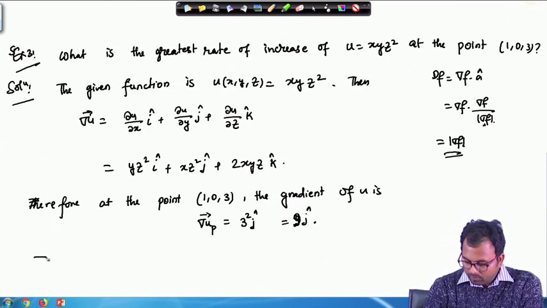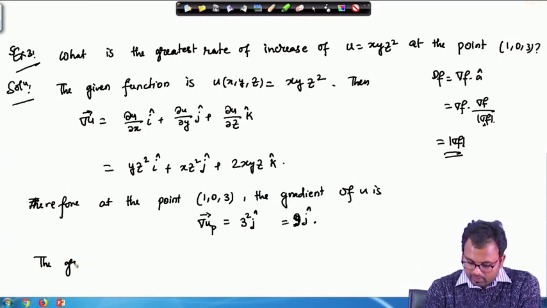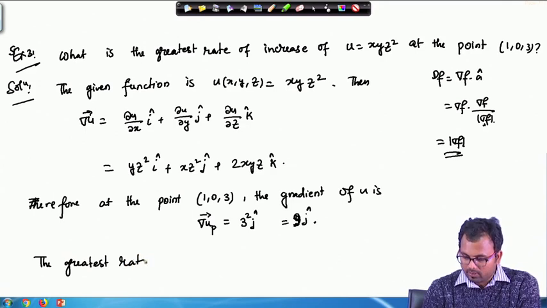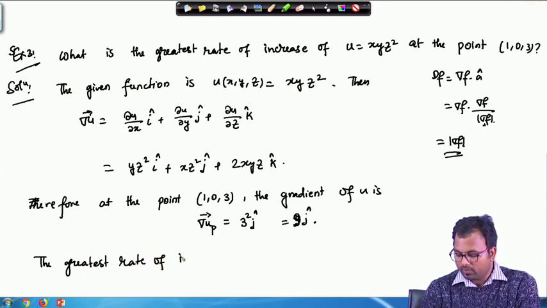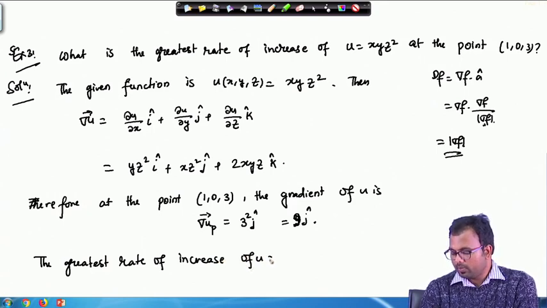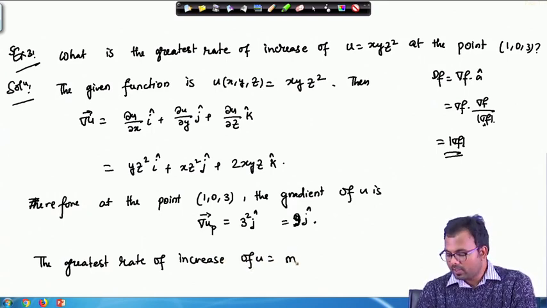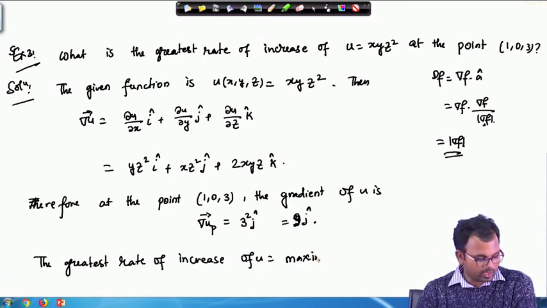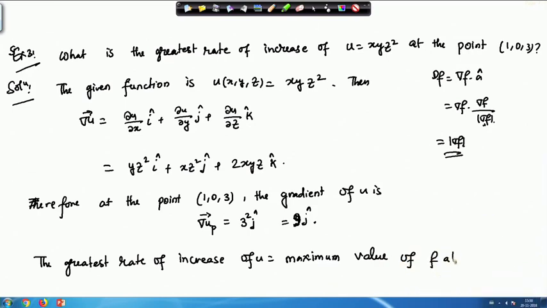Now, we have to calculate the greatest rate of change, or rate of increase, of u. That means we have to calculate the maximum value of the directional derivative at the point (1, 0, 3).